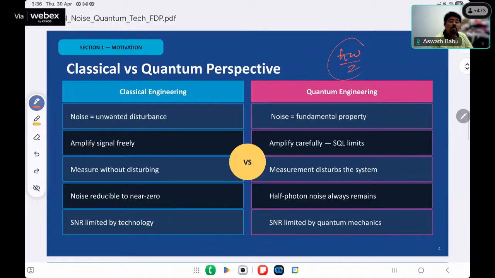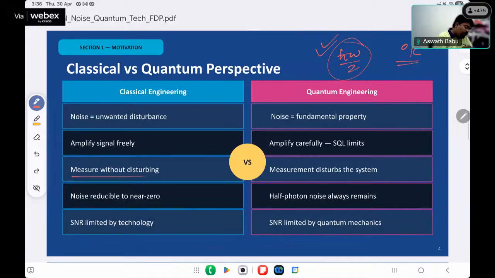This much energy is always there irrespective of the temperature. Even at 0 Kelvin the system has such energy, so things remain very dynamic. That is the standard quantum limit for you.